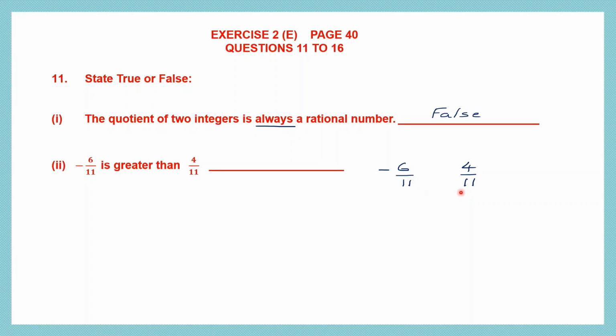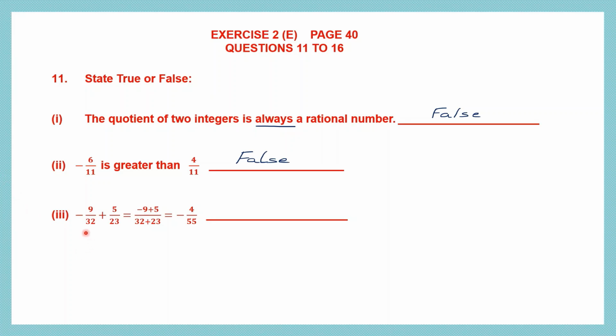We have minus 6 and 4. Always the positive integer is greater than the negative integer. So 4 by 11 is greater than minus 6 by 11. But the statement says minus 6 by 11 is greater than 4 by 11, which is wrong. So this statement is false. Let's write that.